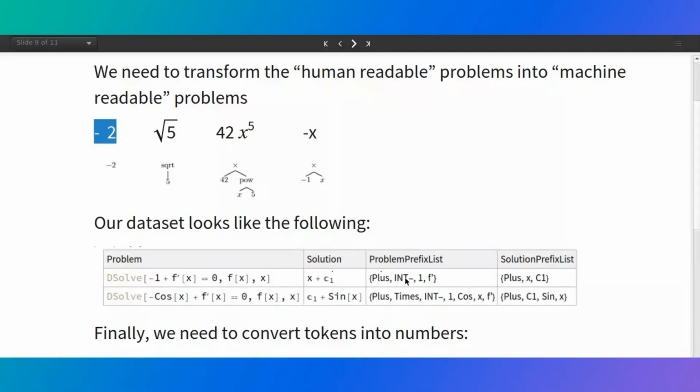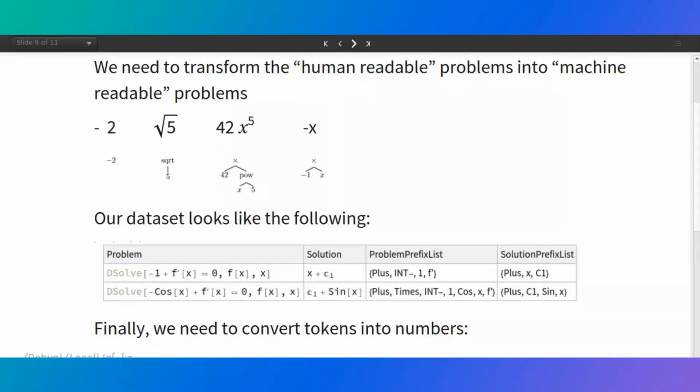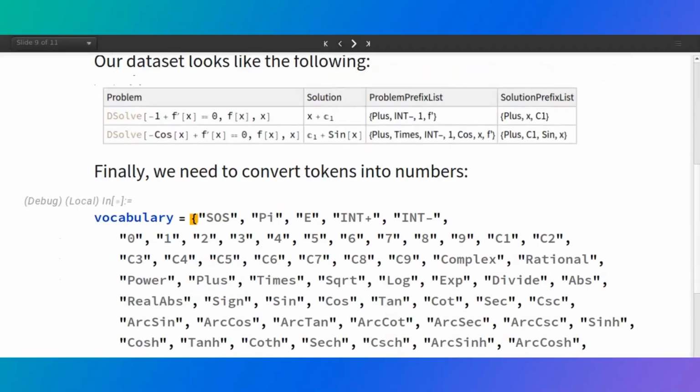So in this way, the machine can understand what is the input and what is the output, and understand the problem as a language model. But before passing the inputs to the machine learning architecture, we need to convert this token representation into numbers.